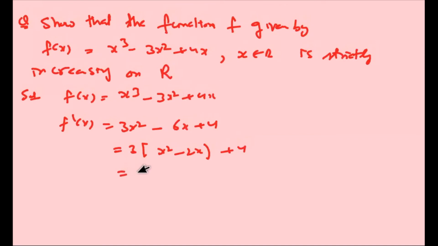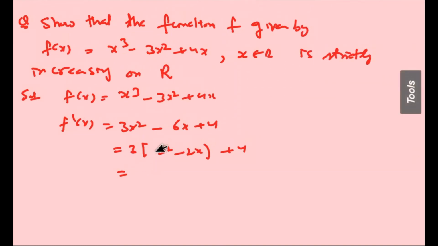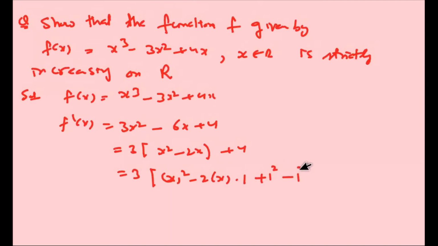Now we can see here a square minus 2ab plus b square, so we have to subtract it.